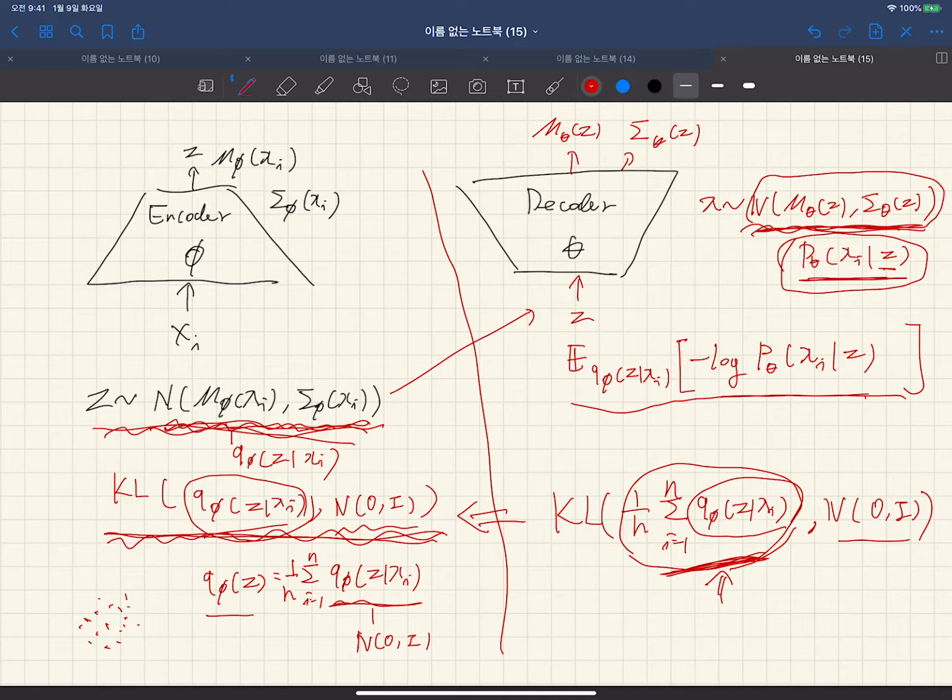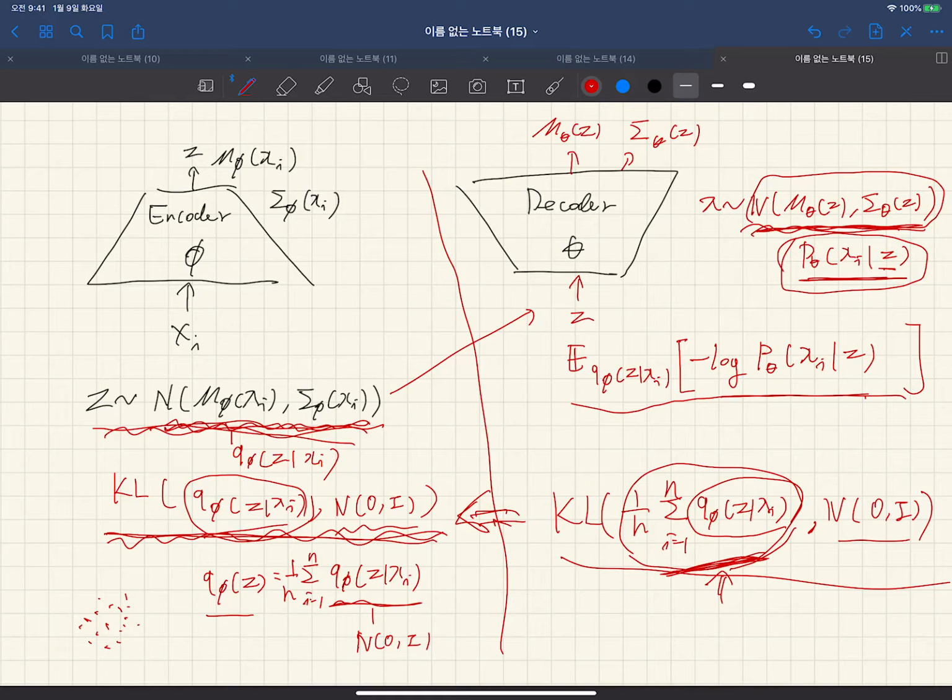So batch size should be full batch to compute this KL divergence. So this is kind of relaxation. Okay, forget about the mixture. Just focus on every single instance and just make every single instance follow zero mean and identity covariance matrix.